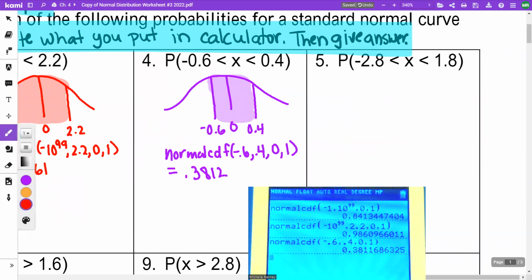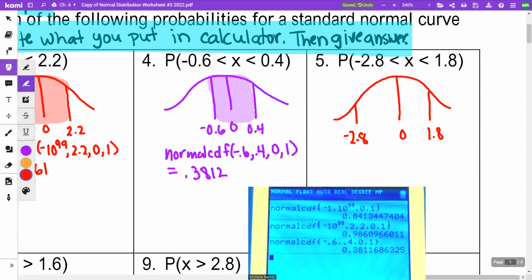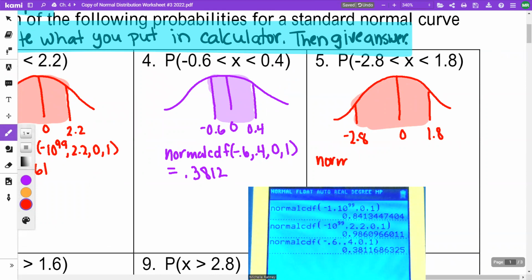On number 5, 0, negative 2.8, 1.8, and I want all of that area here. So I am going to do normal CDF, negative 2.8 to 1.8, 0, 1.